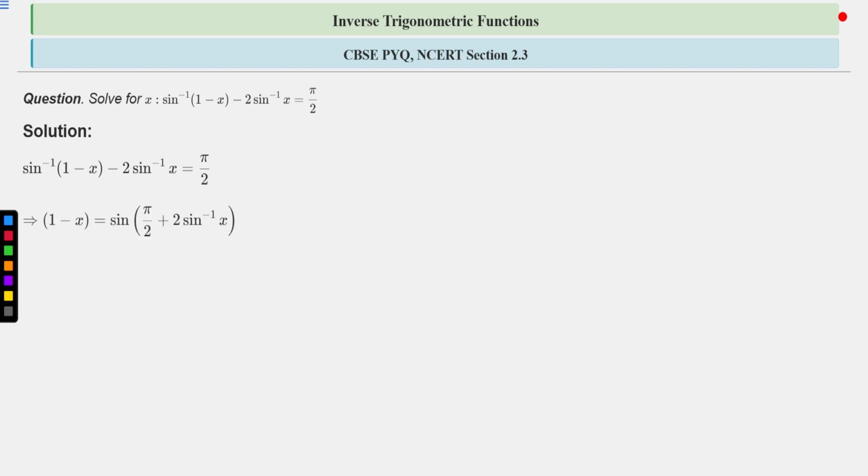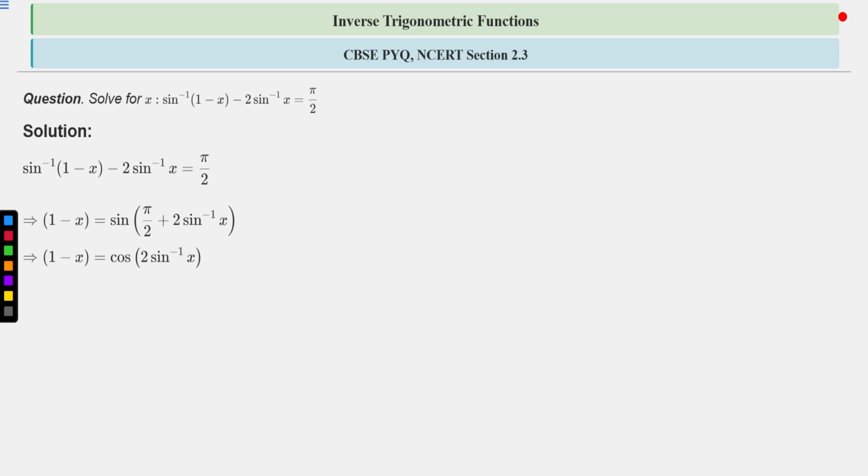So we can move this 2 sine inverse x to the right hand side. So sine inverse 1 minus x will be equal to pi by 2 plus 2 sine inverse x. Now again we will try to convert this sine inverse on the right hand side. So 1 minus x will be equal to sine of pi by 2 plus 2 sine inverse x, right?